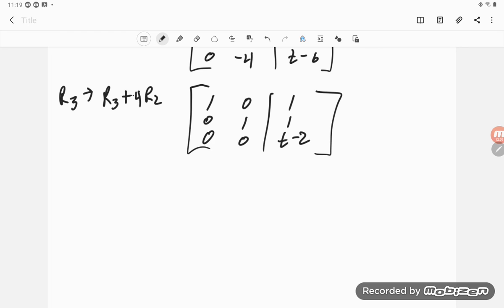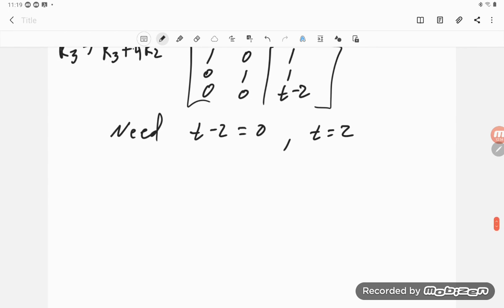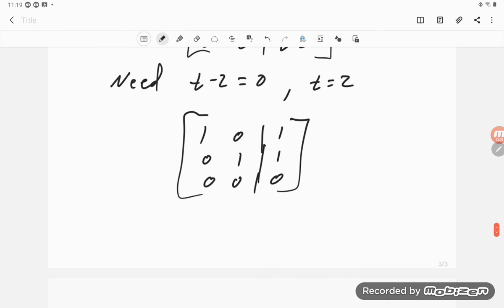And so for this to be consistent, we need t minus 2 to equal 0. And so t must equal 2. But if t equals 2, we end up with the system 1, 0, 1, 0, 1, 1, 0, 0, 0. And this implies that x equals 1 and y equals 1.